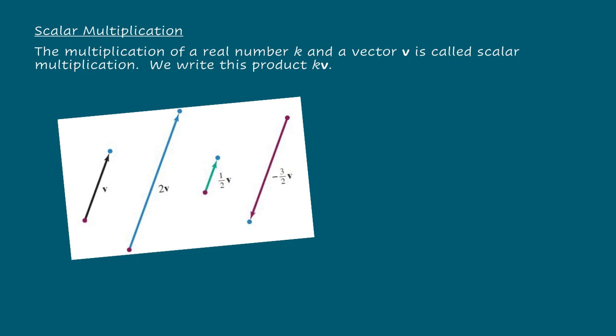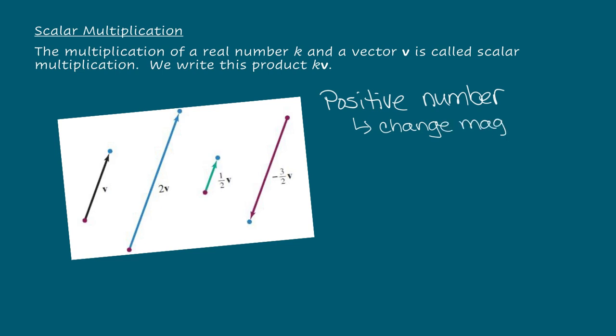So if we multiply by a positive number other than 1, what happens is our vector will have a change in the magnitude only, but no change in the direction. So a positive number will change magnitude, not direction.